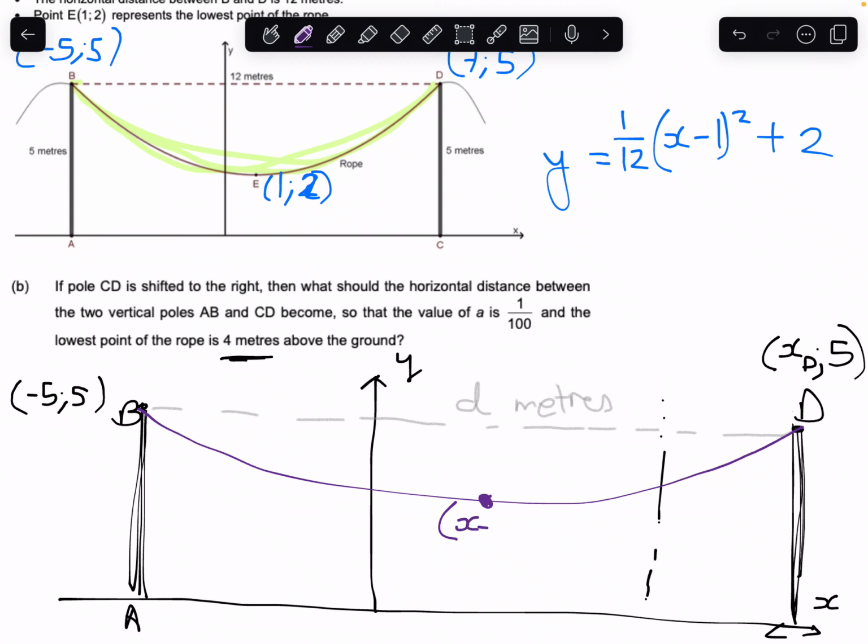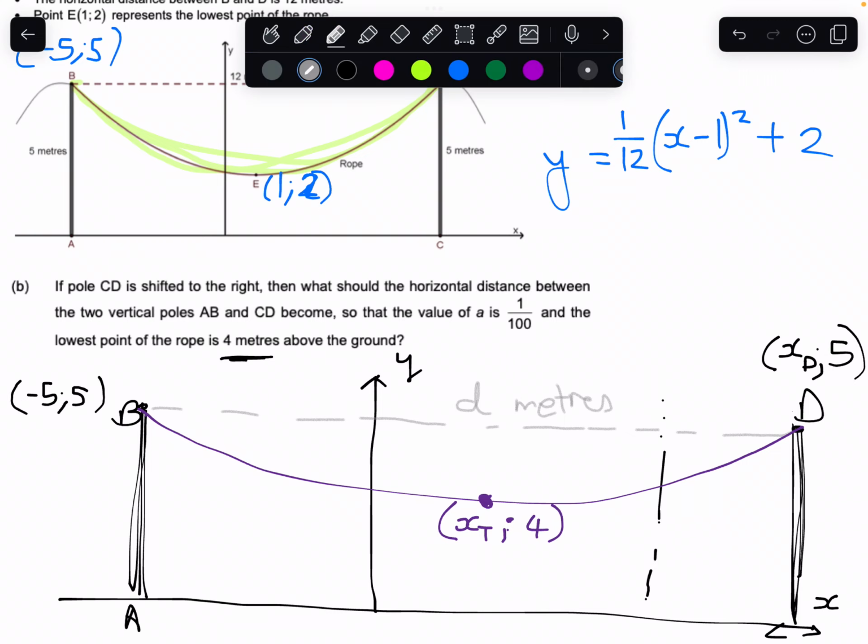But the new turning point will be, let's just say, xt and 4. And by the way, this xt will just be right in the middle of negative 5 and the new x-coordinate of D, the average between those two.